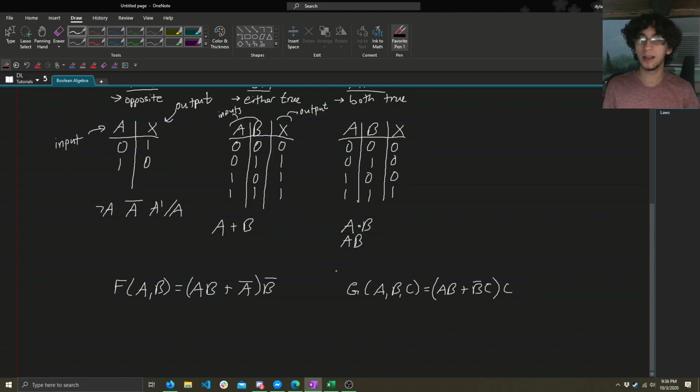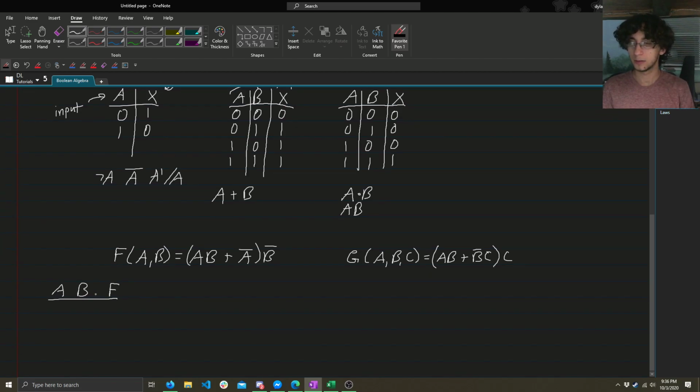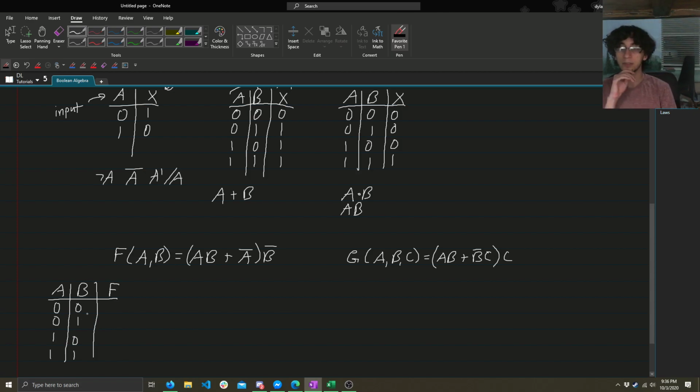Sounds good. Now, how can we see where this is true and false? Well, let's just plug it in. So we have A and B, and finally F here. So let's make the truth table and let's figure out when these are true and false. So if we have 0, 0 here, we're going to plug everything in.